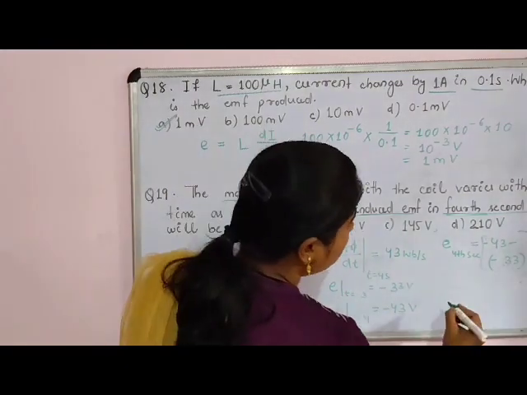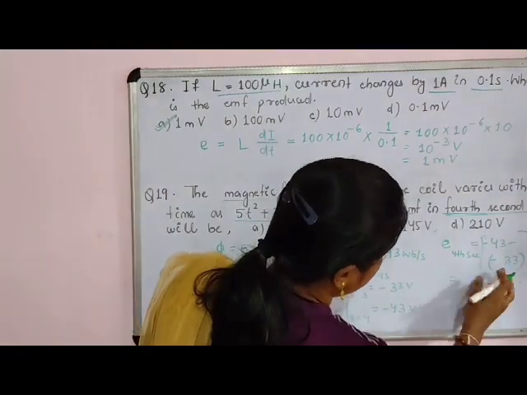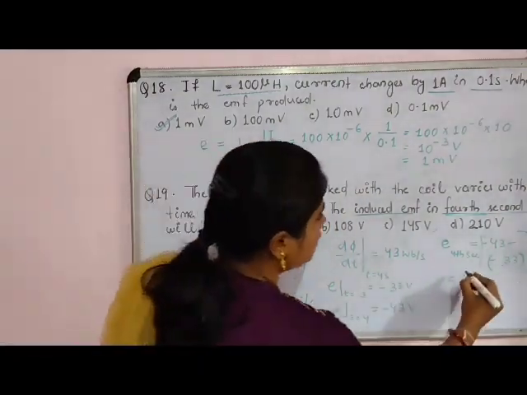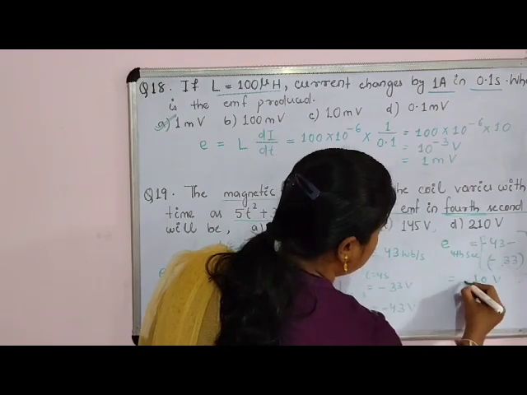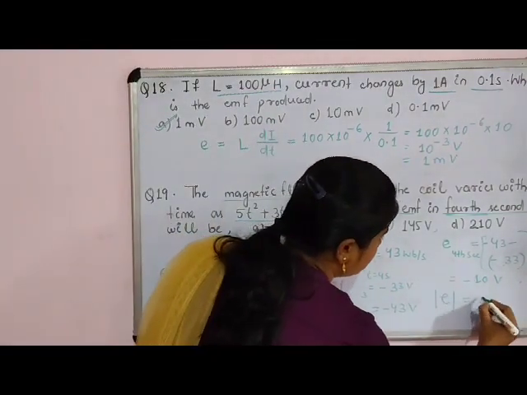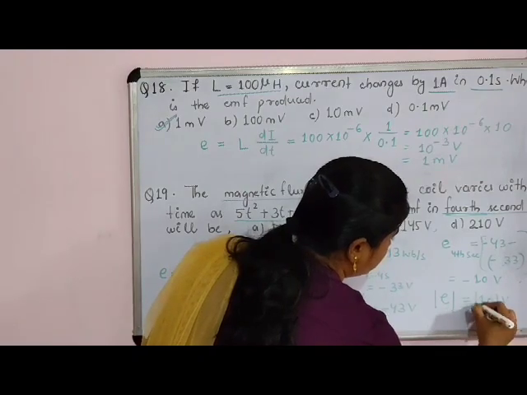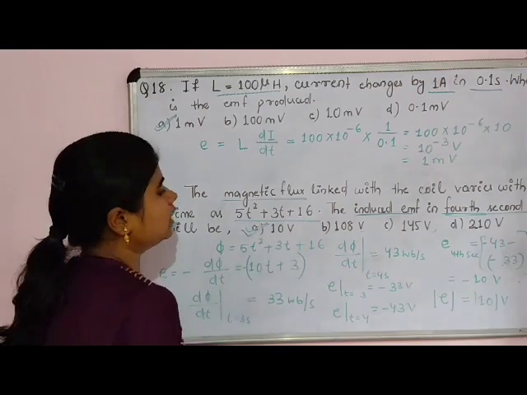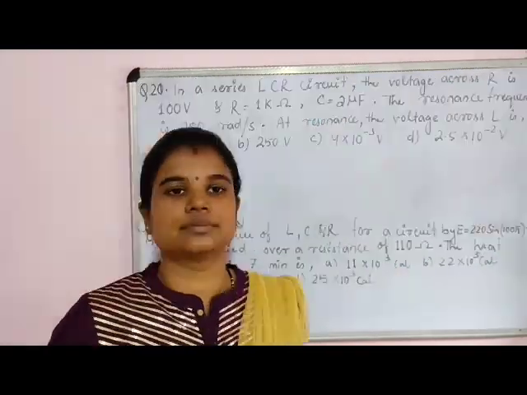That will be minus 43 plus 33, so that will be minus 10 volt. But we need to find out the magnitude only, so we can write E mod is equal to 10 volt. So this will be the correct answer to this question.